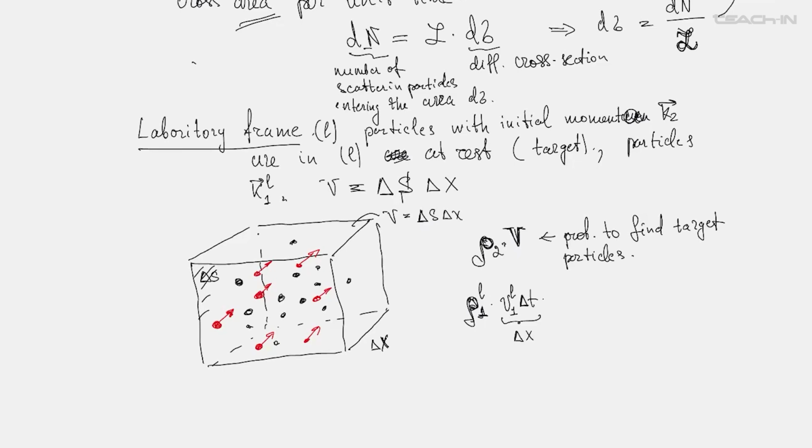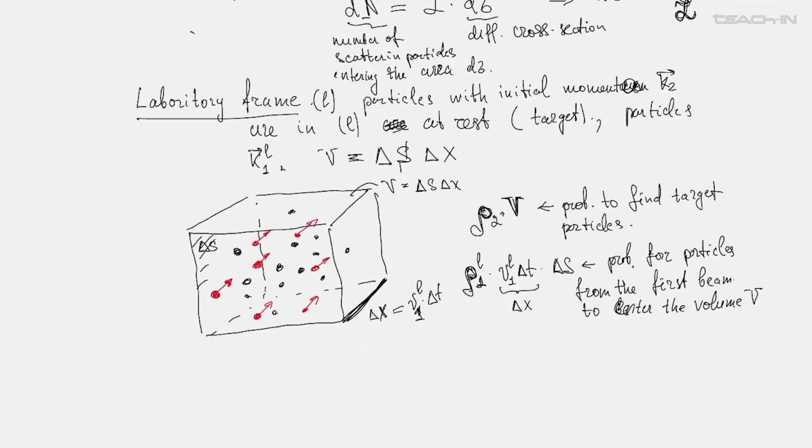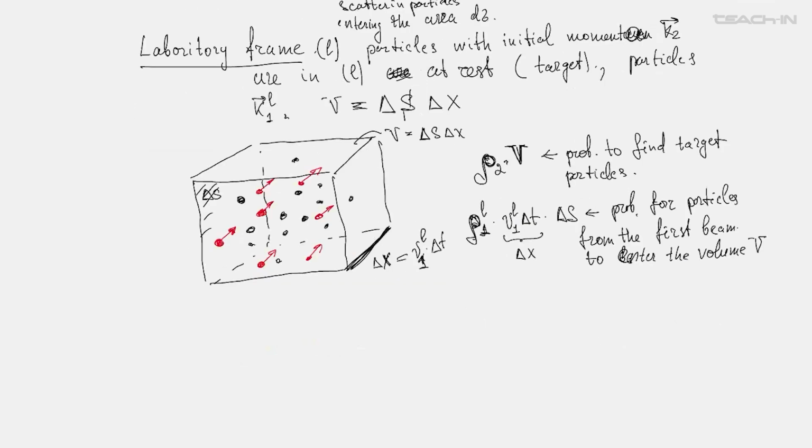So this is the probability for particles from the first beam to enter the volume V. So this length here is V1 laboratory, the velocity of the particles from the first beam multiplied by delta T, and multiplied by the density of particles in the first beam in the laboratory frame.